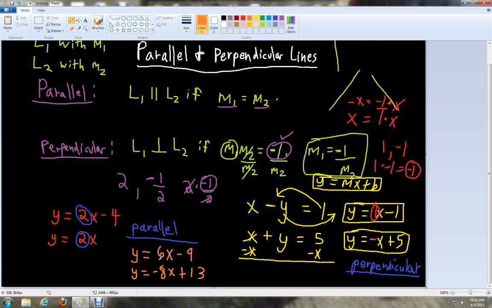So you can see right off that the slopes, 6 and negative 8, they're not equal. So you can take away parallel. That doesn't work. And then if you multiply these two together, 6 times negative 8 is negative 48. So that's not equal, of course, to negative 1. So it doesn't follow to be perpendicular either. So we can say this is neither.